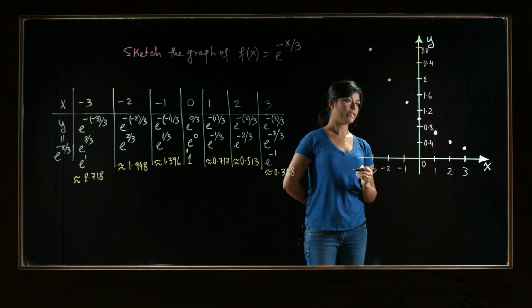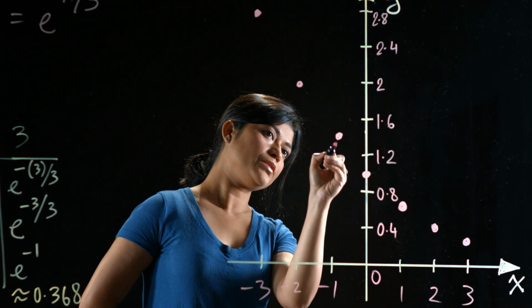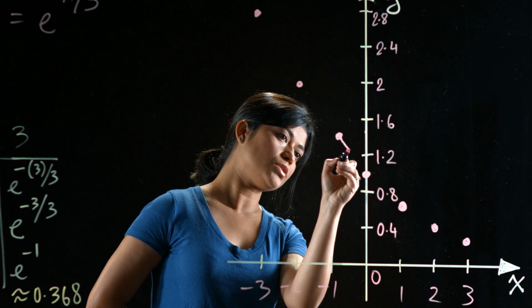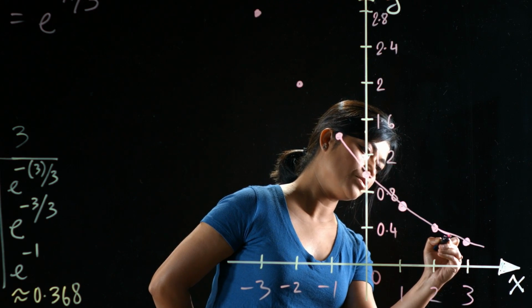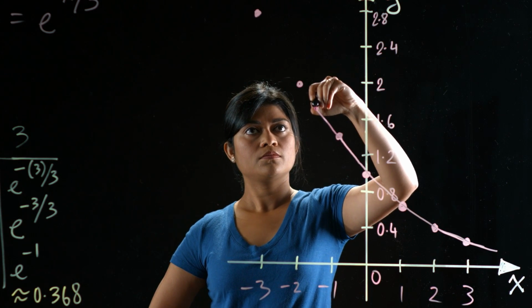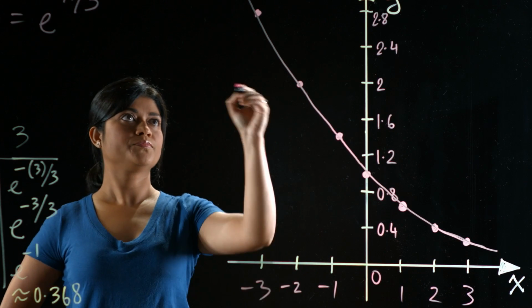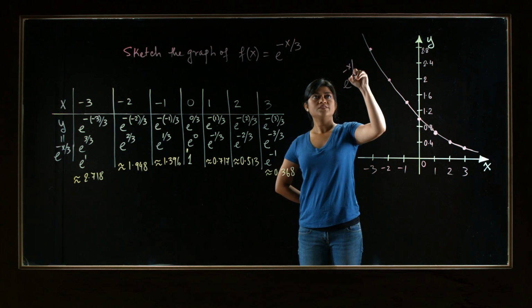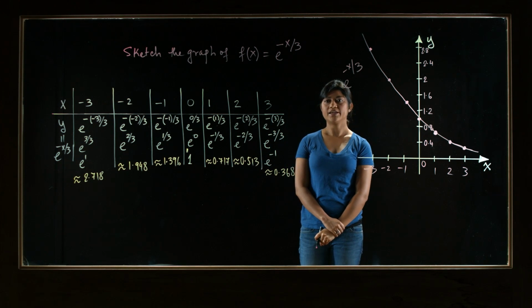Okay, and then let's join these points, and you see it's a very nice continuous curve because it's an exponential function. This is a rough sketch of the graph of the function e to the power -x/3.